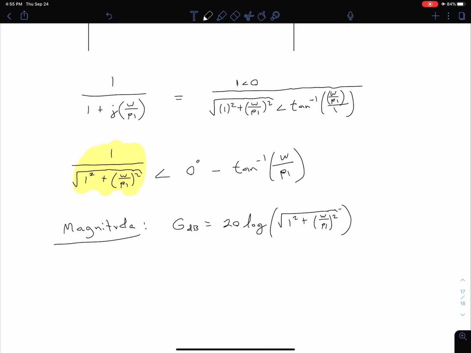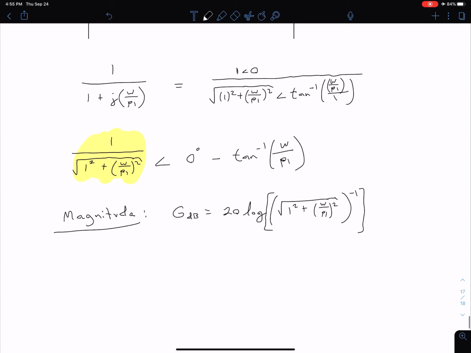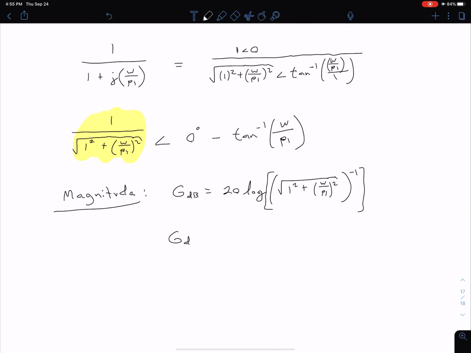So let me clean up my brackets here. Let's put that -1 on the outside of the parentheses inside the brackets. Okay, so it's just 1 over that. And so again, with our log properties, we can bring that exponent, that -1, out front and multiply it by the 20, so that the gain in decibels is equal to -20 times log. And now we just have the square root of 1 squared plus omega over p1 squared.